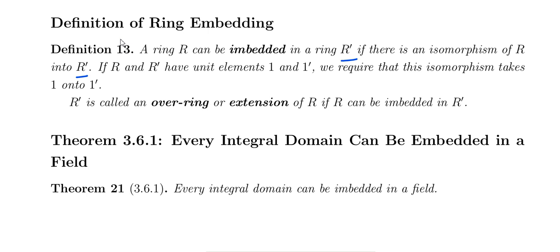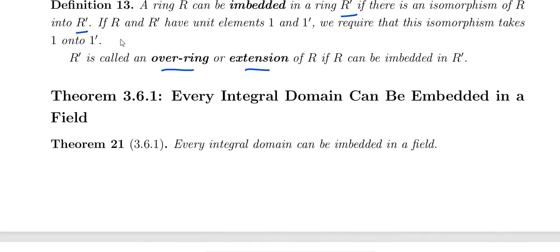R dash is called an overring or extension of R if R can be embedded in R dash. So every integral domain can be embedded in a field.